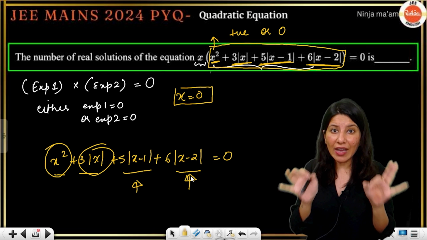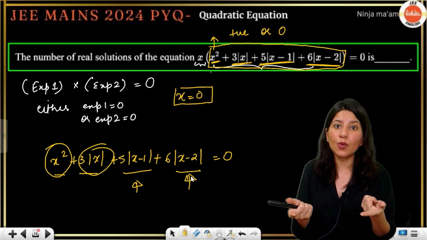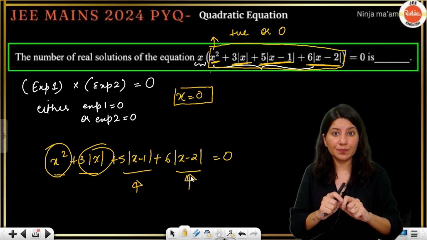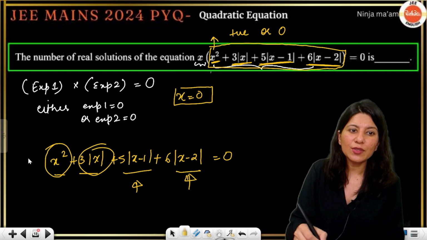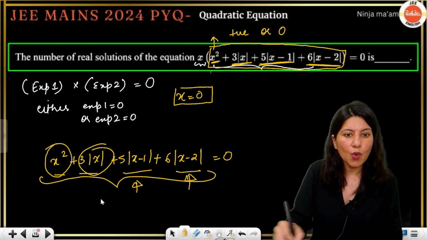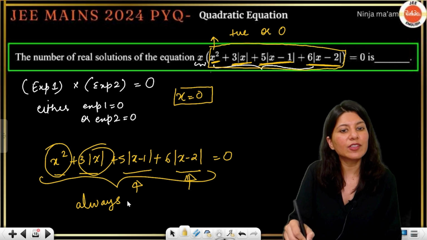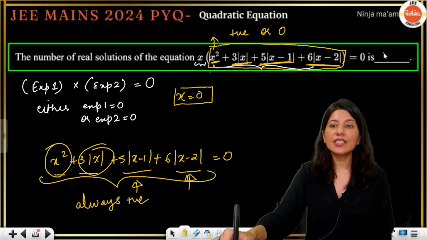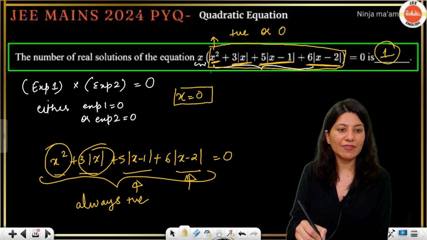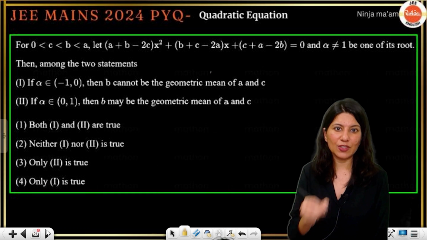So at one value of x, this whole expression can never be 0. If you put any other value than this, then it is going to become positive. So what I am trying to say is expression 2 is always positive. It can never be 0. Negative though, it cannot happen. So that's why only one solution, that is x equals to 0, is the final solution of this particular question.